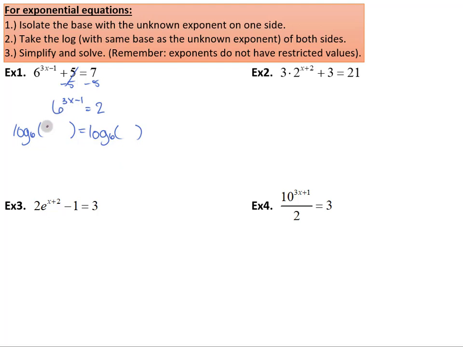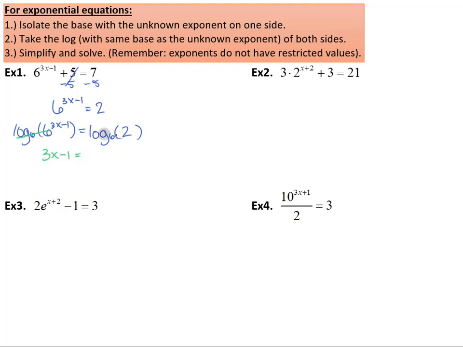Now on the left side, we plug in our 6 to the 3x minus 1. And on the right side, we plug in our 2. So we're taking the log in base 6 of each side. Now, as we said, using our property, log base 6 of 6 to the something, those cancel out. And we get 3x minus 1.